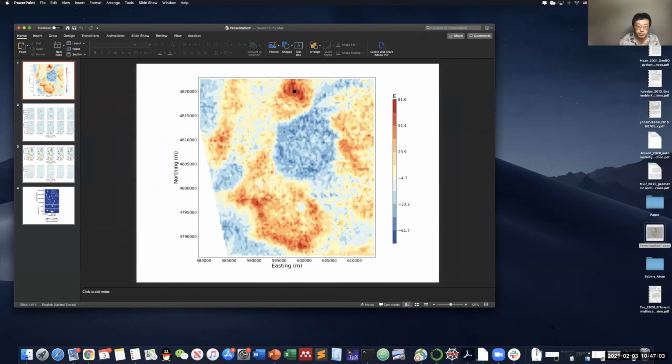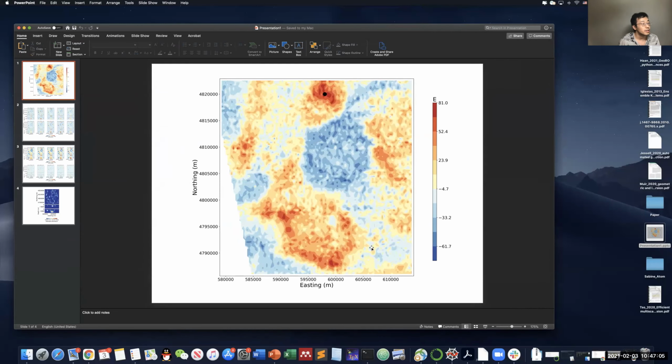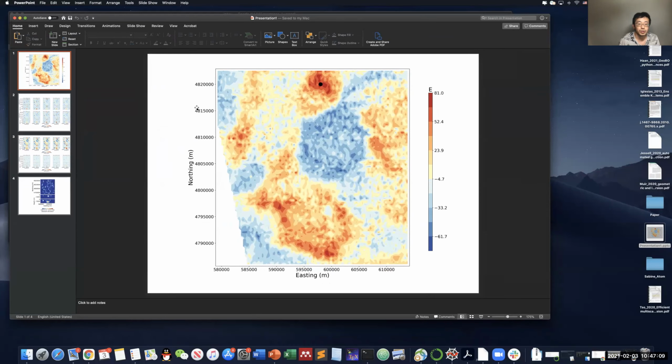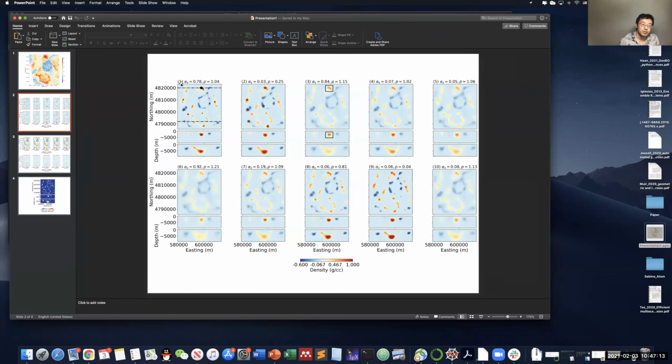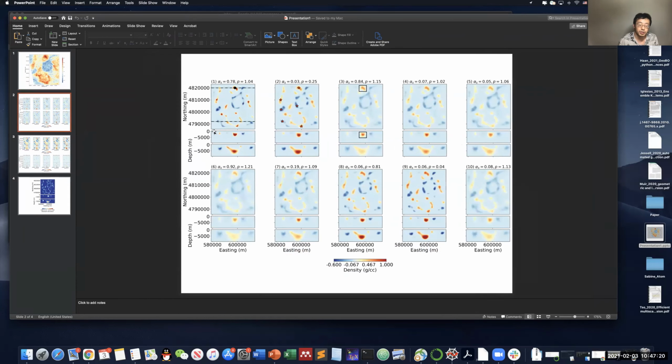Yeah, last week I implemented the field data inversion. Here is the data map, and I randomly sampled different adjustable parameters and performed inversions and obtained recovered density models with different characteristics. Some of them are really compact, and this one is a little bit smooth.